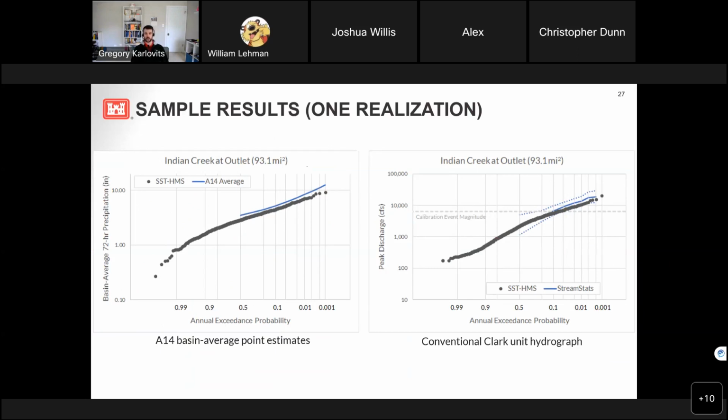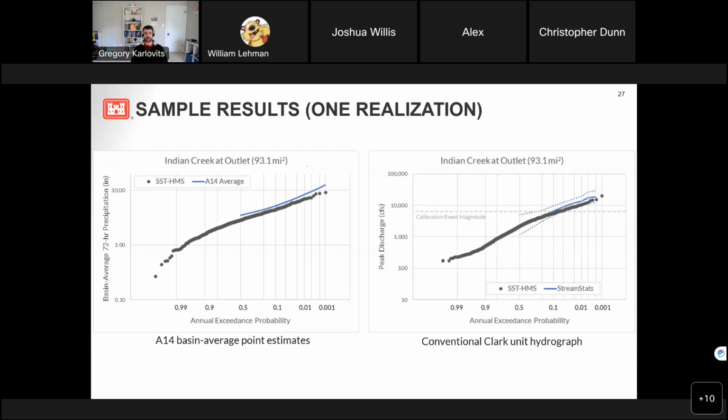And so what you're going to notice is that the black dots fall below the blue line. And I say, that's awesome. That means we did it right, because the blue line represents the area reduction applied point results, and we have an area average in the black dots. So the difference between the blue line and the black dots is your area reduction factor.